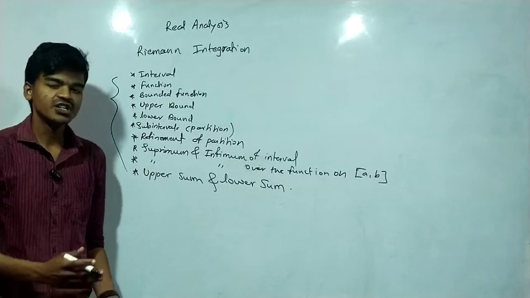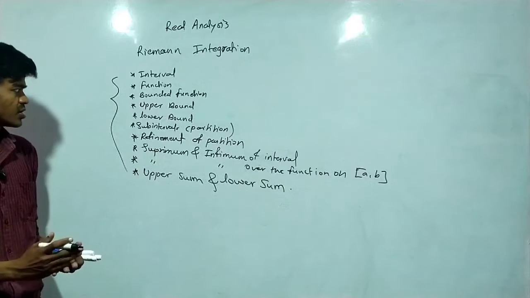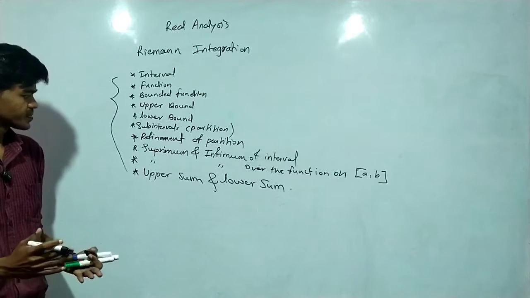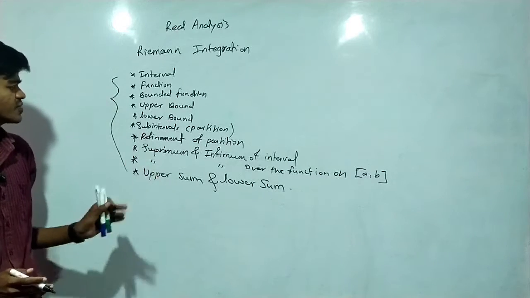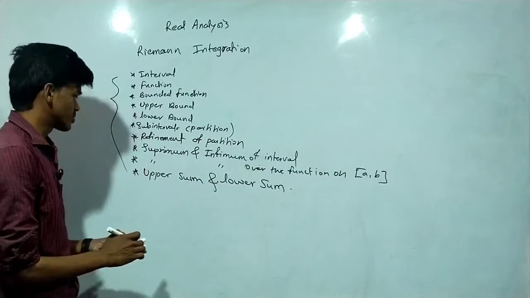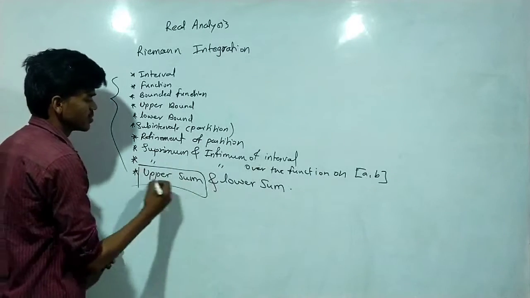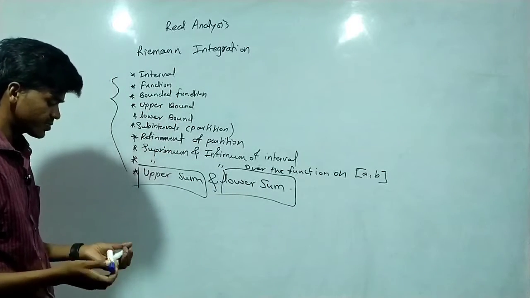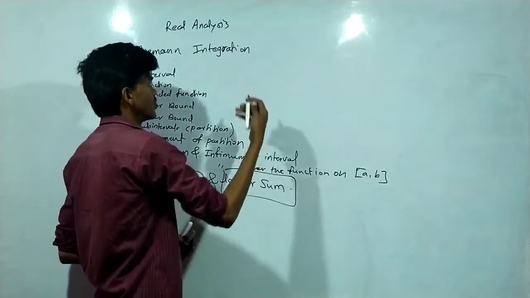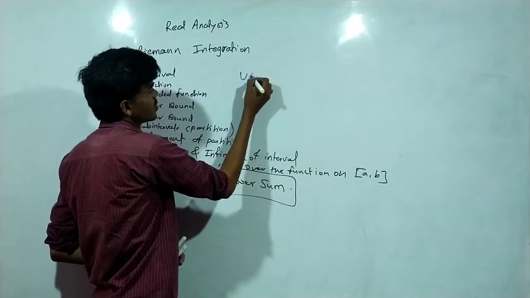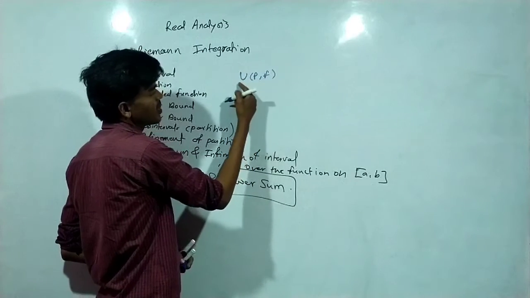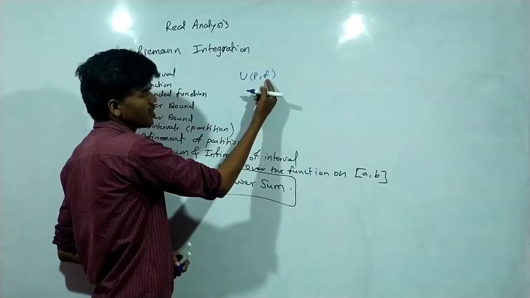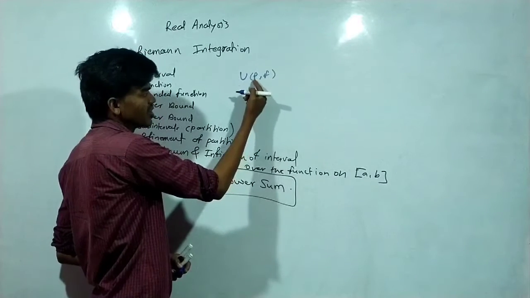Okay, so definitions. We already discussed this much, so we know about upper sum and lower sum. Upper sum we usually define as U(P, f), that is the upper sum of the function f on a particular partition.